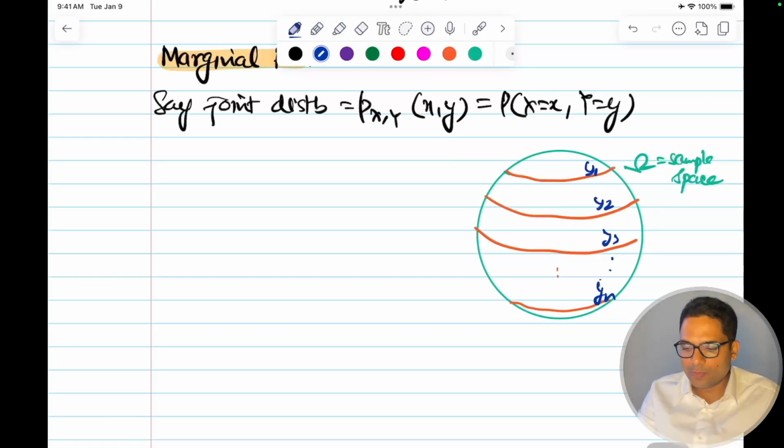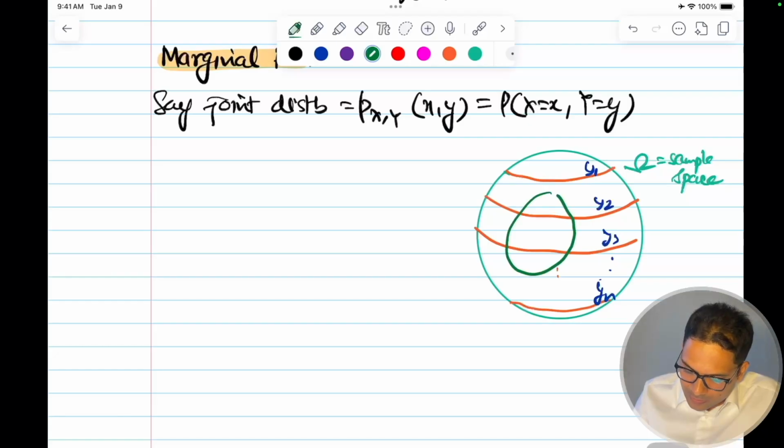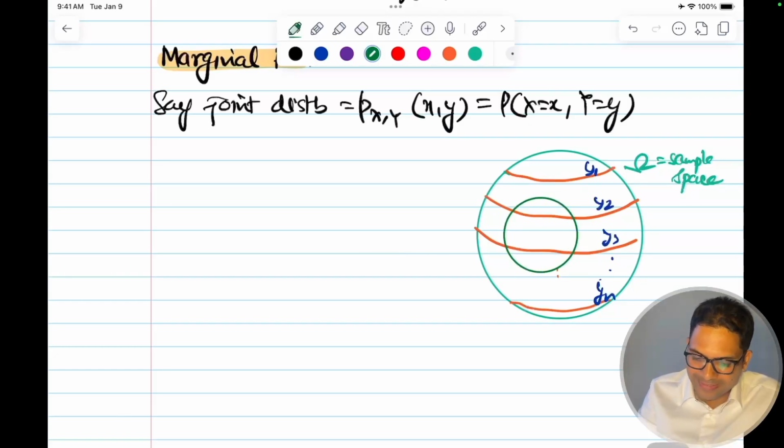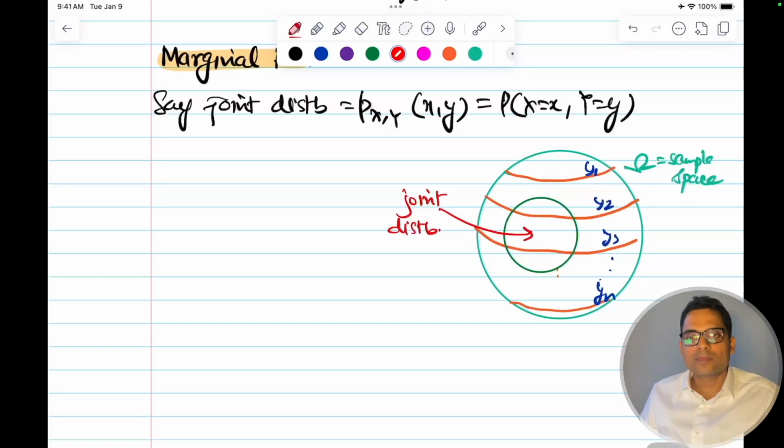So these are all my possible values of y. Okay, and then we have our joint distribution. This is my joint distribution.